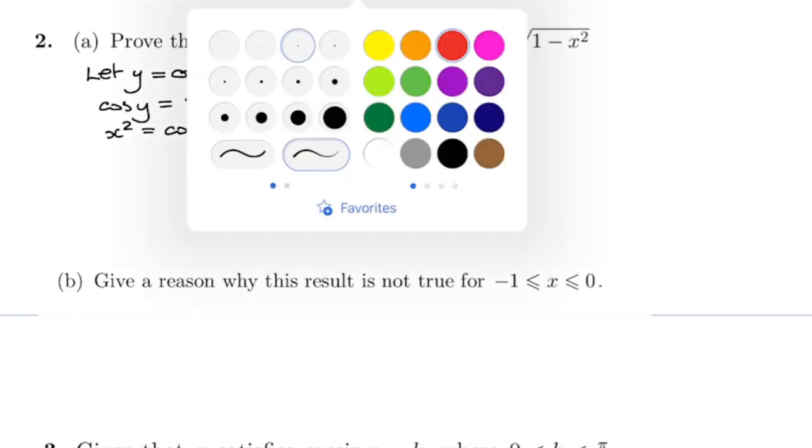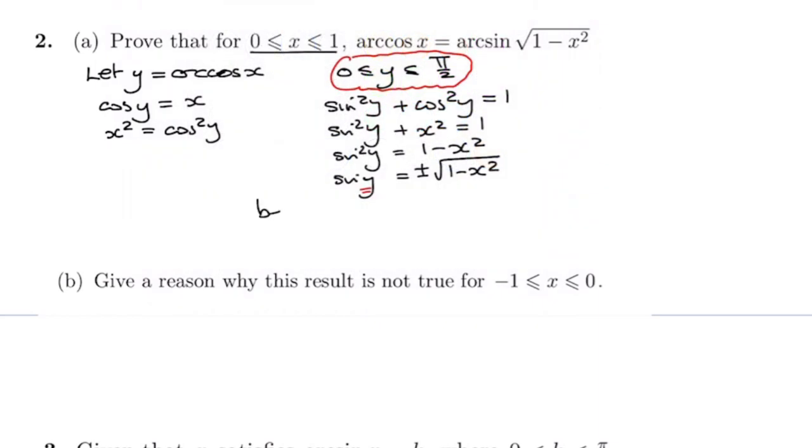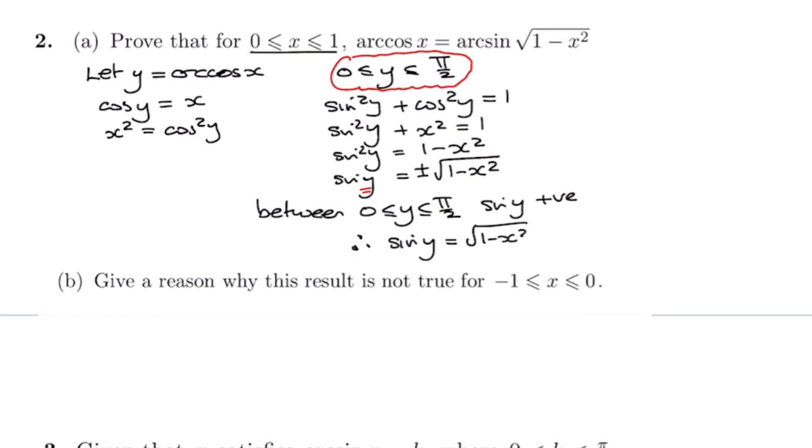So I'm going to write that down. Between 0 and pi over 2, sine y is positive. Therefore, I take the positive square root. Therefore, sine y equals the positive square root of 1 minus x squared.